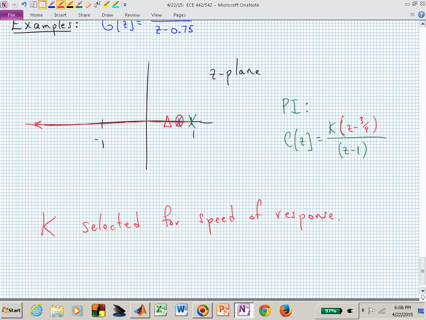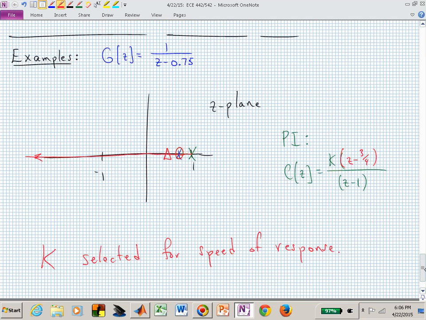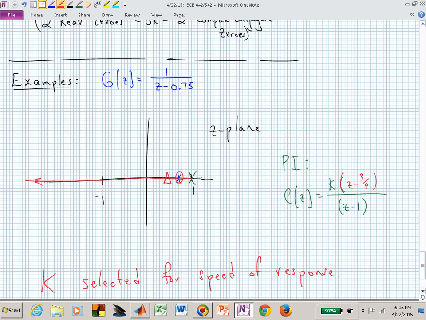And what corresponds to changes in my system for this G of Z? What might I not know accurately? The pole location. Maybe my plant, as it's coming off the assembly line, maybe one of those is at 0.75, maybe another one's at 0.7, maybe another one's at 0.8, another one's at 0.76.